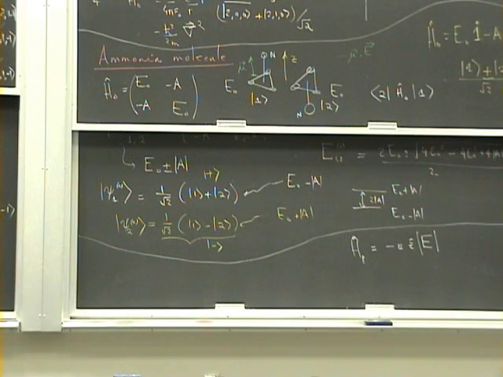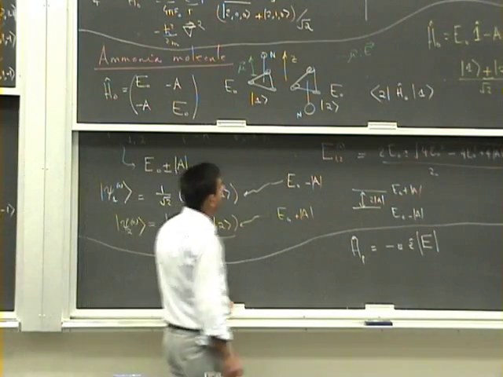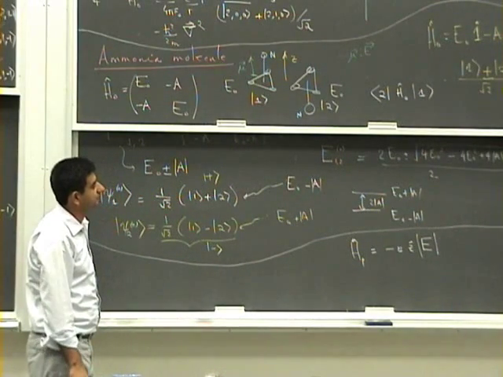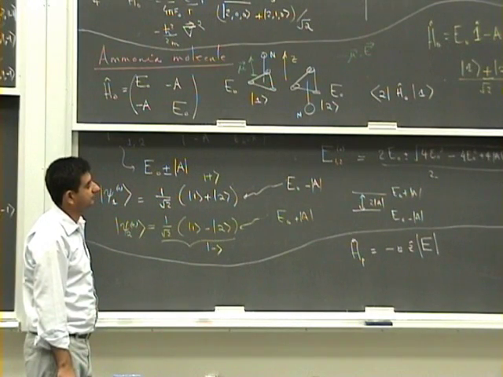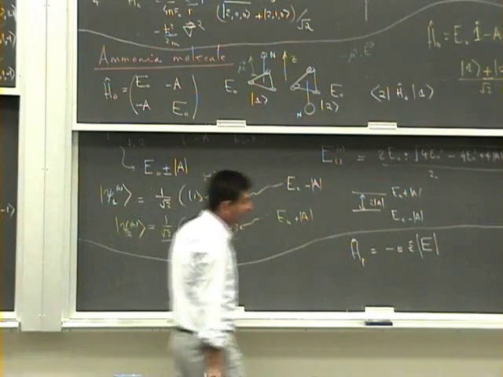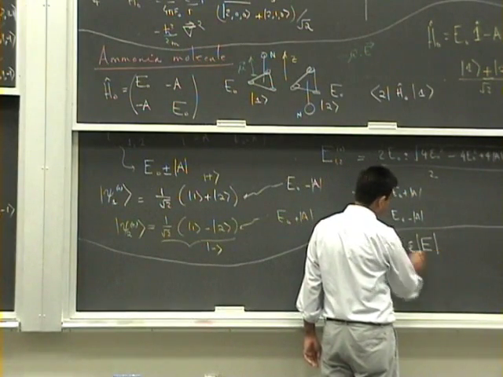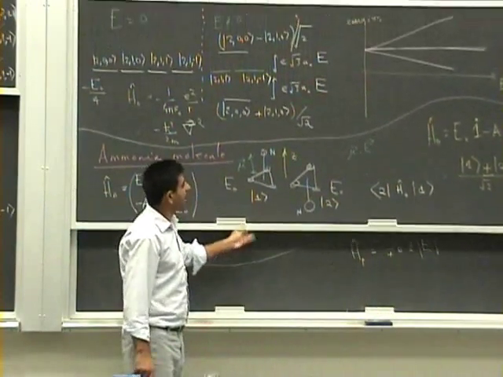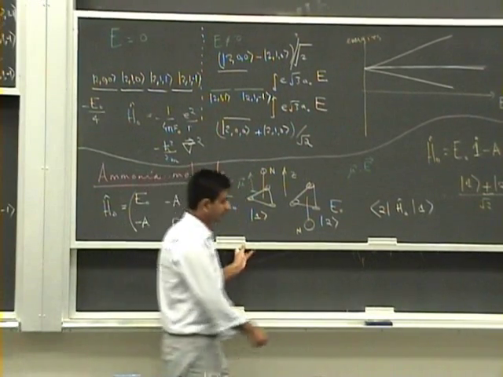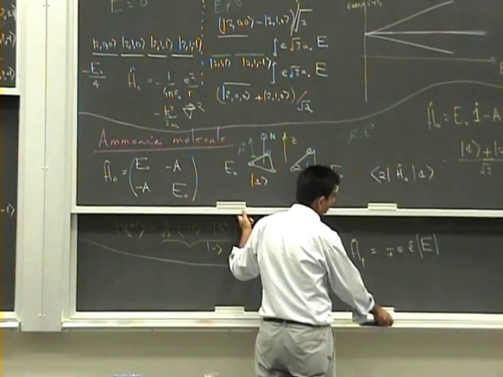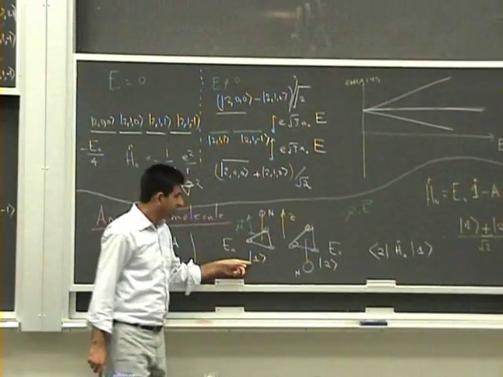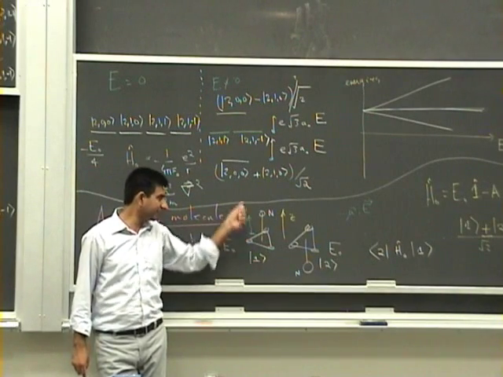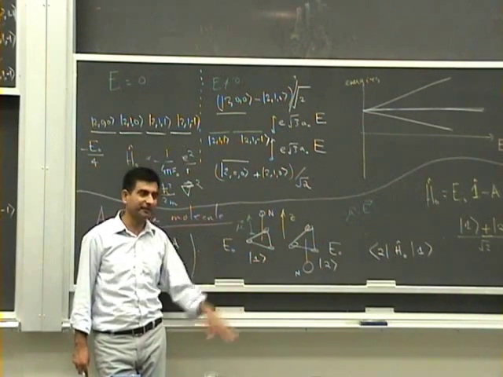Okay? Now there is some angle here, and this could be minus or plus. Why? If I apply the electric field, suppose the molecule is in the state ket 1, and the applied electric field is parallel to the dipole moment, the energy will decrease.